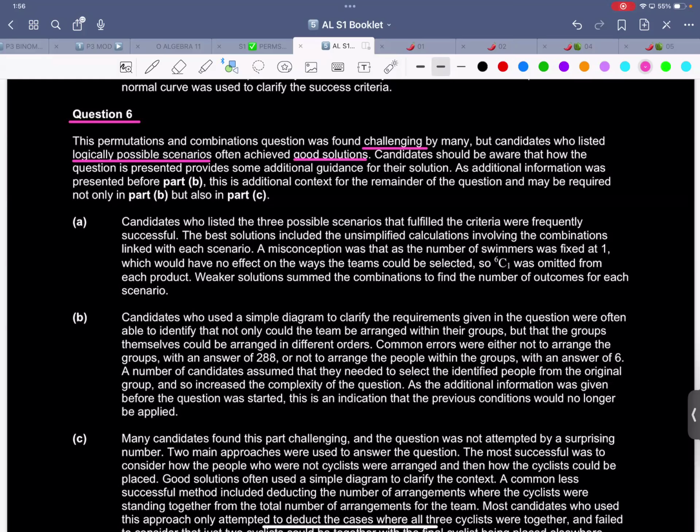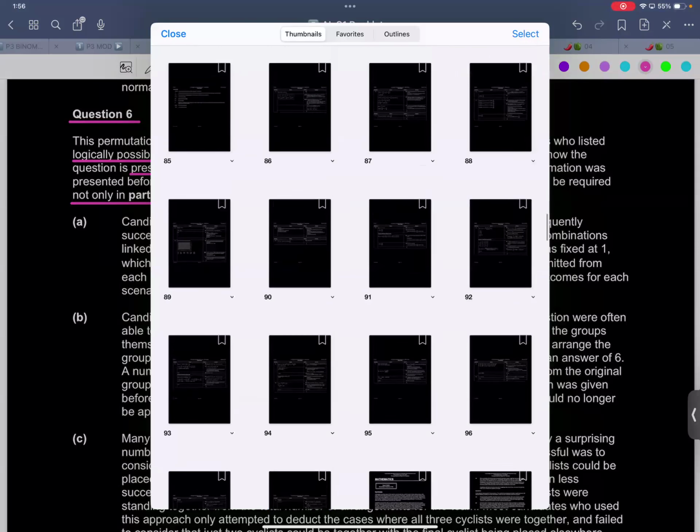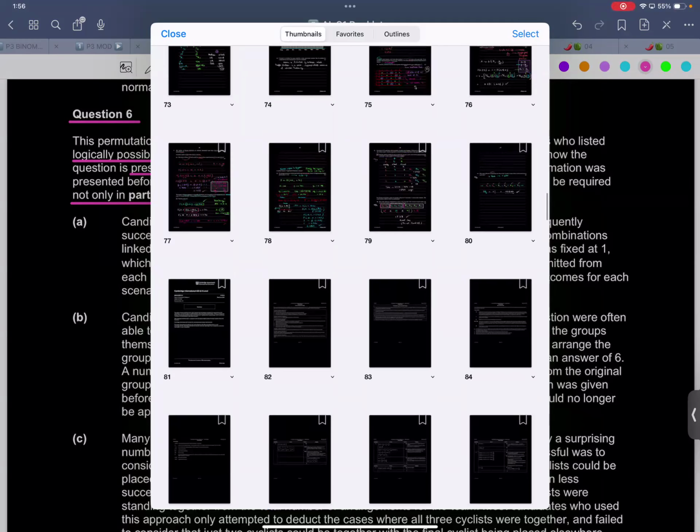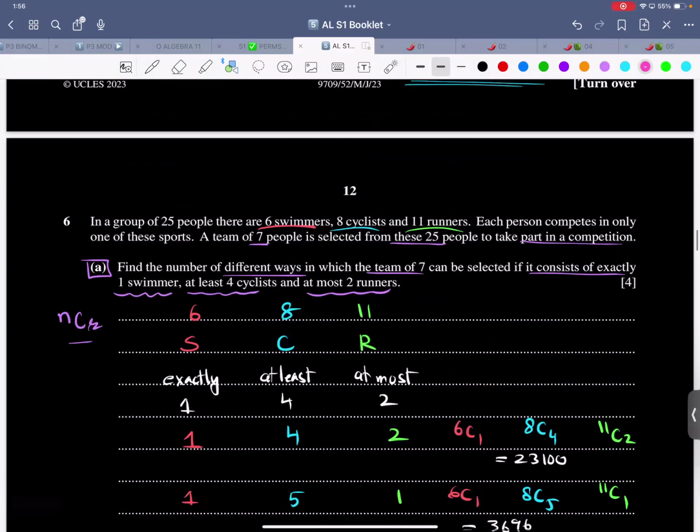Candidates should be aware that how the question is presented provides some additional guidance for the solution. As additional information was presented before part B, this is additional context for the remainder of the question and may apply not only in part B, but also part C. Now, this is important. Let me go back and show you that this part A was for the team of 7, that was the swimmers, cyclists and runners, right?